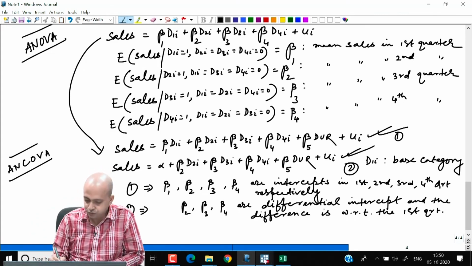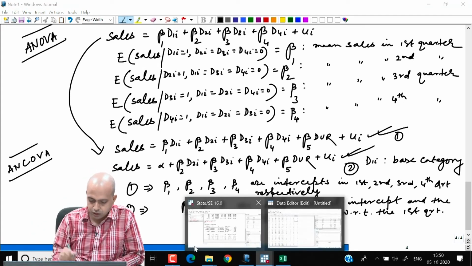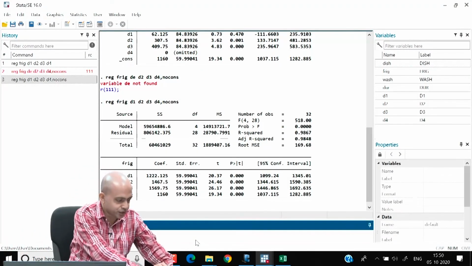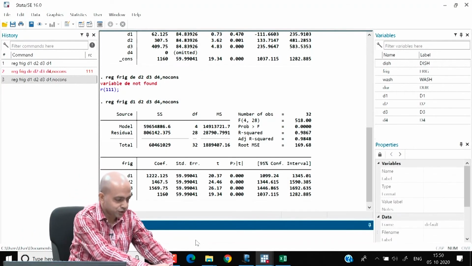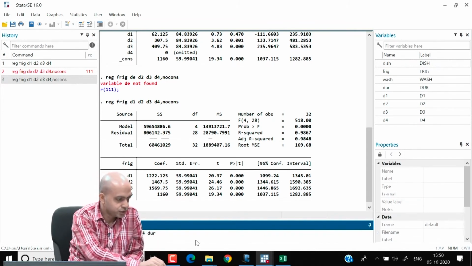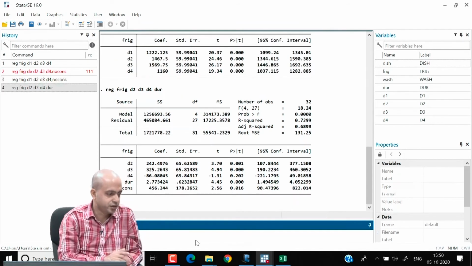Now, if you estimate the ANCOVA model, taking 1 as base category, then let's say reg FRIG, then let's say D2, D3, D4 and durables. Okay, durables we have taken.